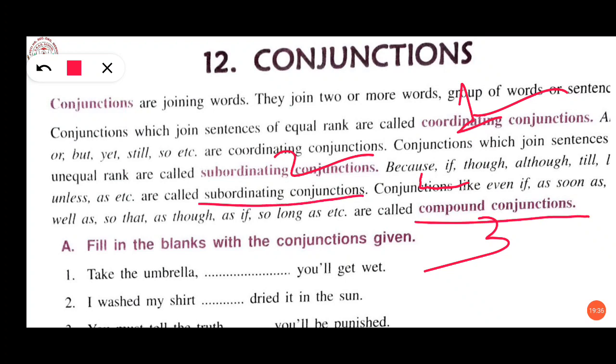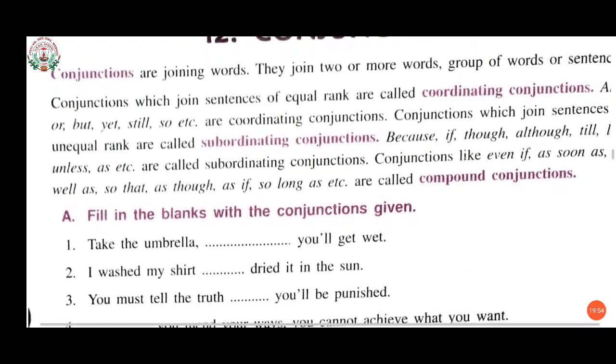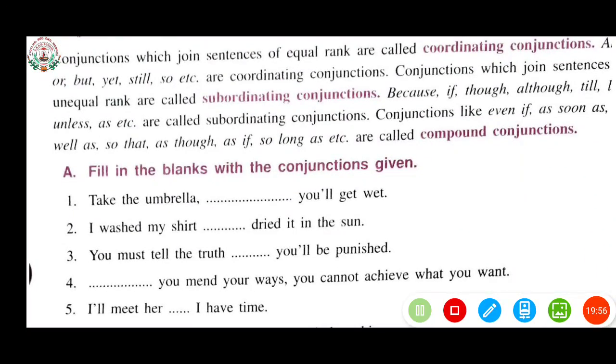Now third is compound conjunctions like even if, as soon as, as well as, so that, as though, as if, so long as, etc. These are the conjunctions we have learned. Now see the exercise of this.